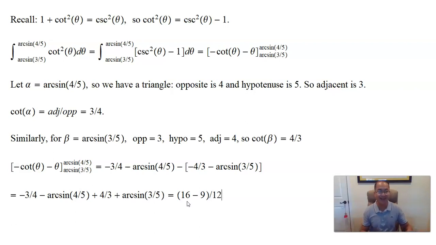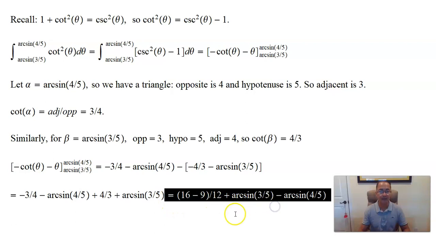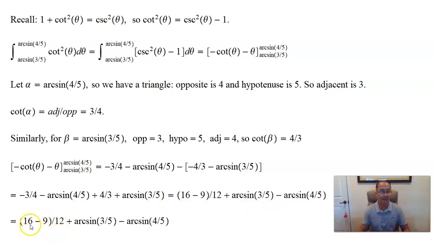And these two angles, plus arc sine 3/5 and minus arc sine 4/5. All right, so our final answer, which is a simplified fraction, is simply 7 over 12 plus those two angles.